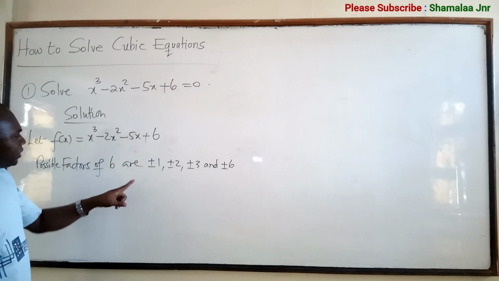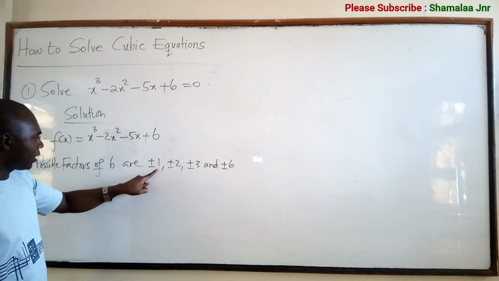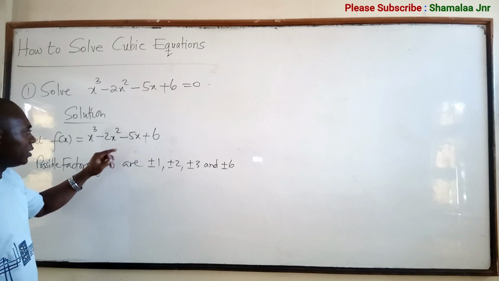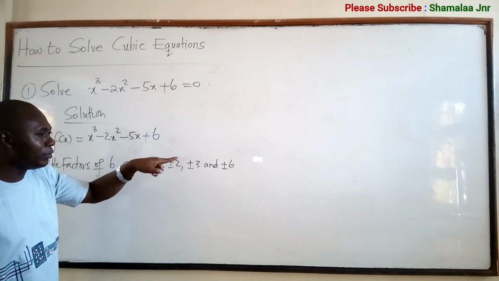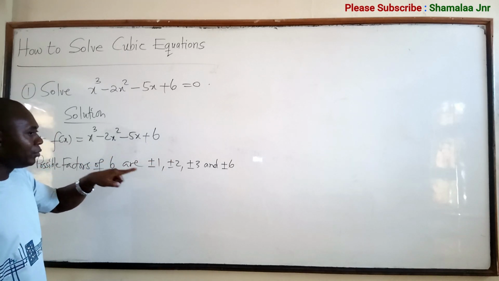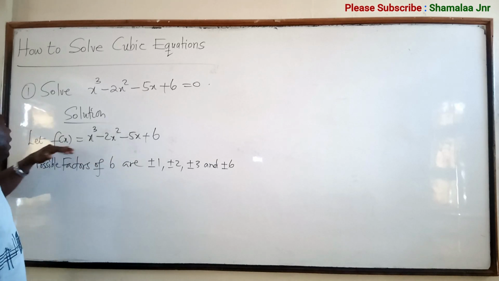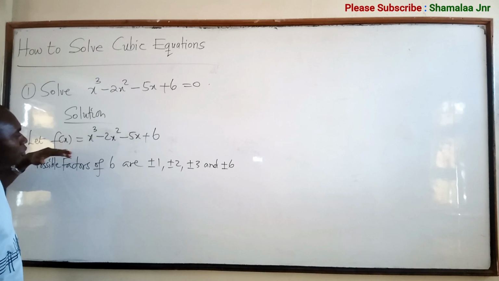We are going to put in the values here, the factors. For example, when you pick 1, then you put it in this function and see. If you put it in this function and you get 0, then that will help you to get a factor of this cubic function or cubic polynomial.